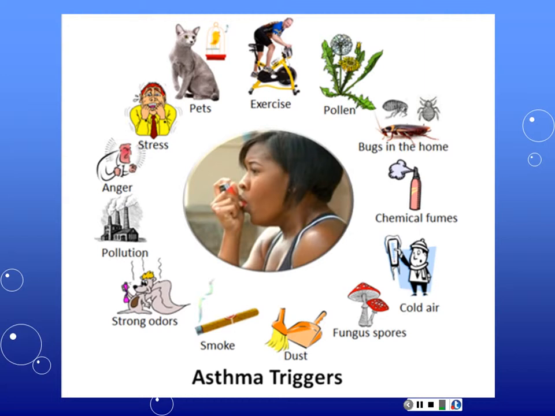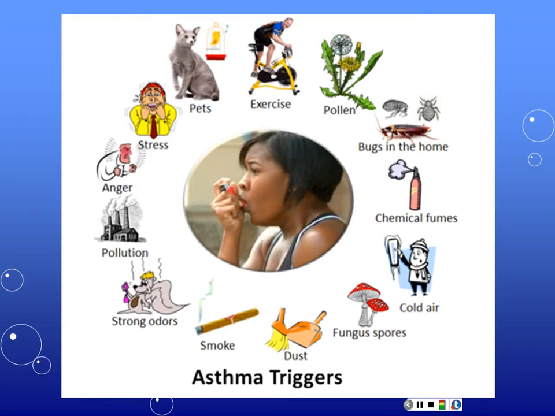Okay. Chemical fumes. So any type, certain people react to certain hairspray, just different types of things. Perfumes. This is why we talk about not wearing strong scents in the hospital and things like that, because it can bother patients with asthma or respiratory problems. Cold air, hot air. So different types of seasonal changes. Fungal spores with the pollen.